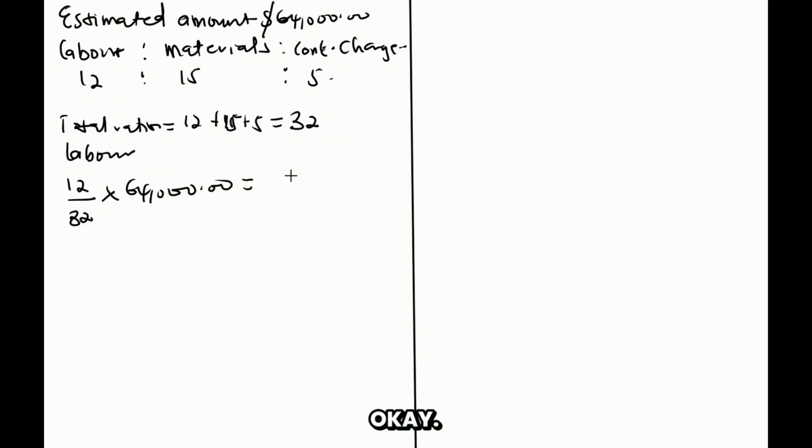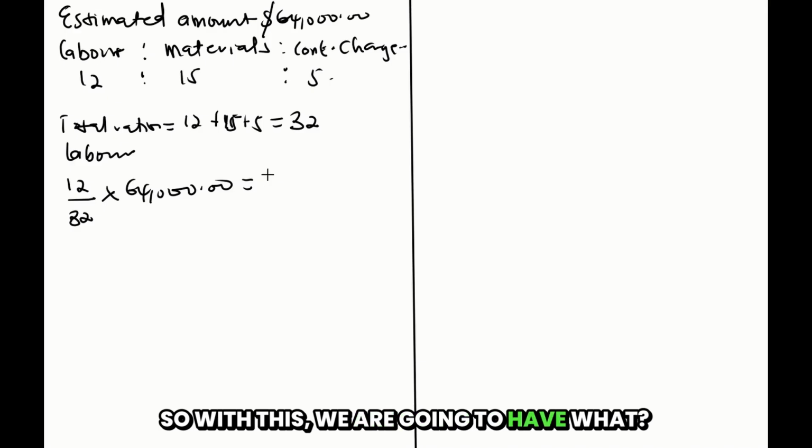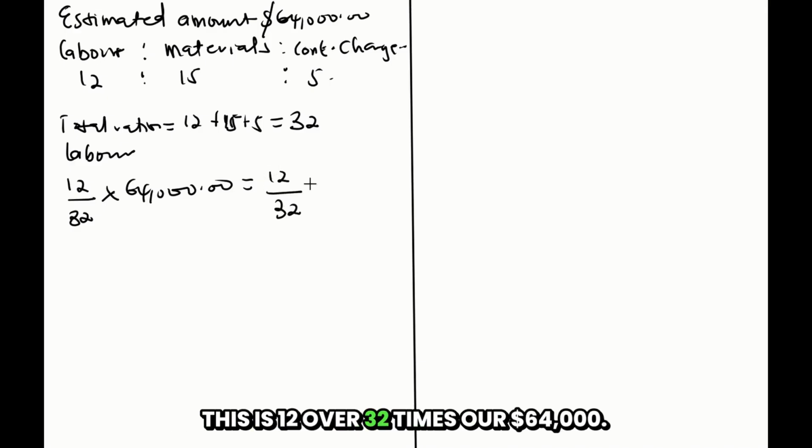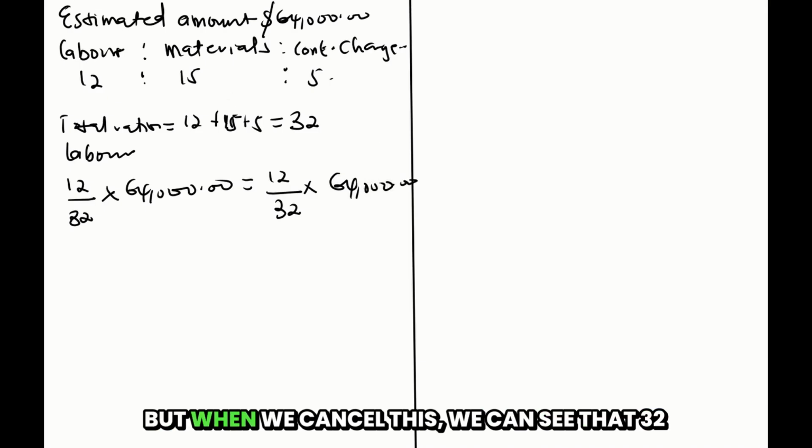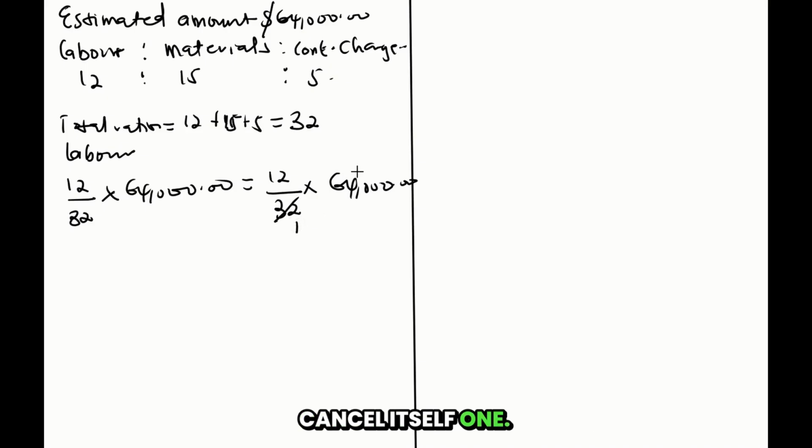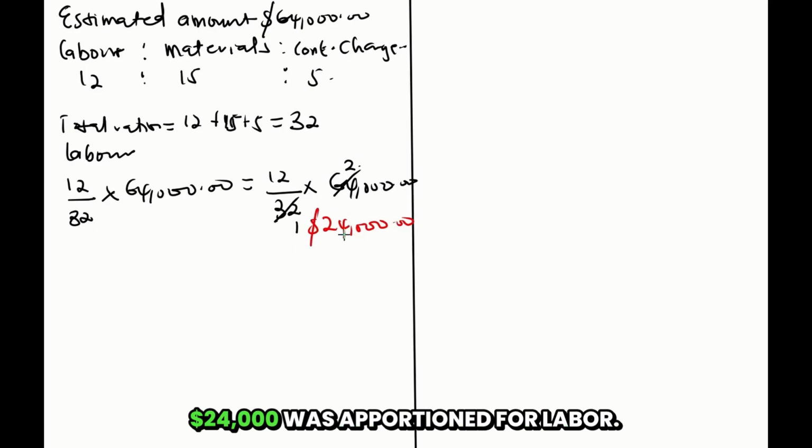When we cancel, you can see that 32 goes into 64 two times. So what is left is 12 times 2, which is 24. So you have 24,000. It means that $24,000 was apportioned for labor.